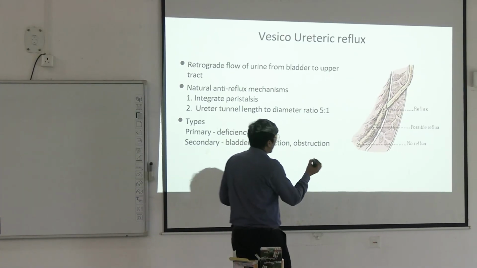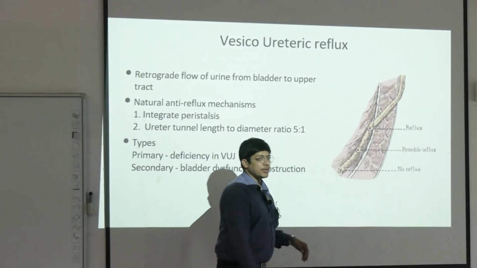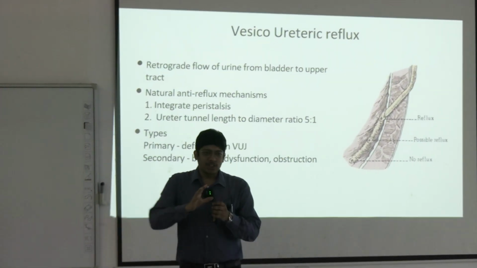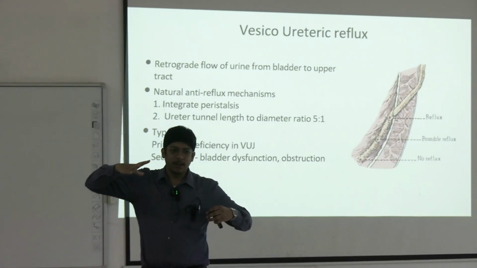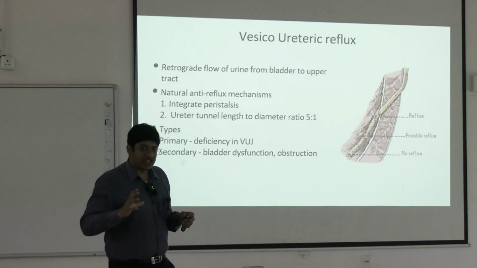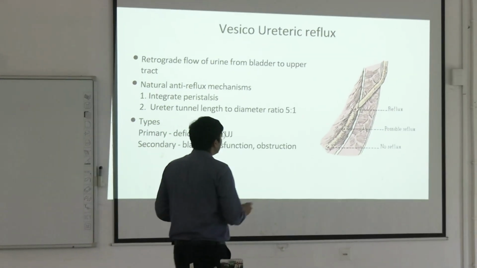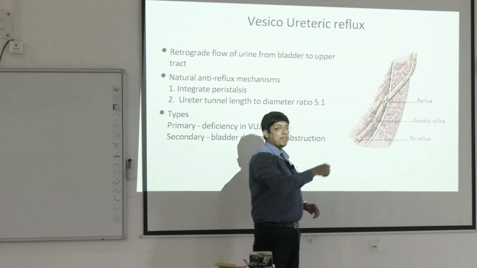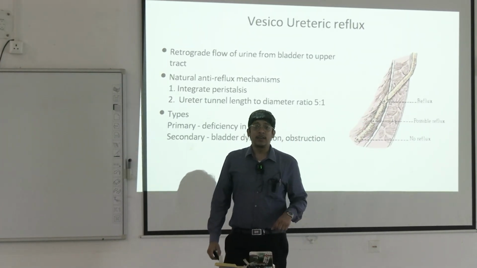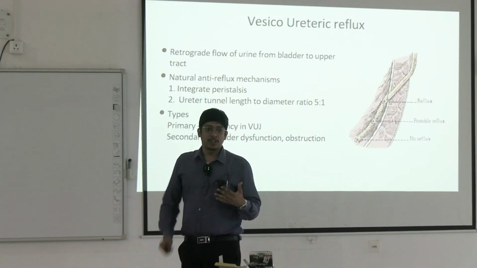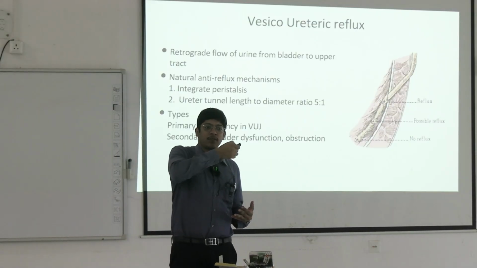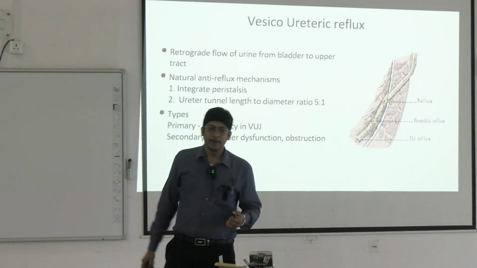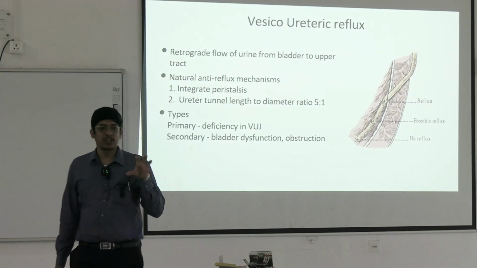When the bladder fills with urine, there is stretching of the bladder wall. Upon stretching, this part of the ureter gets compressed by the muscles of the bladder wall, and it acts like a valve which prevents urine from flowing back into the ureter when the bladder is contracting.